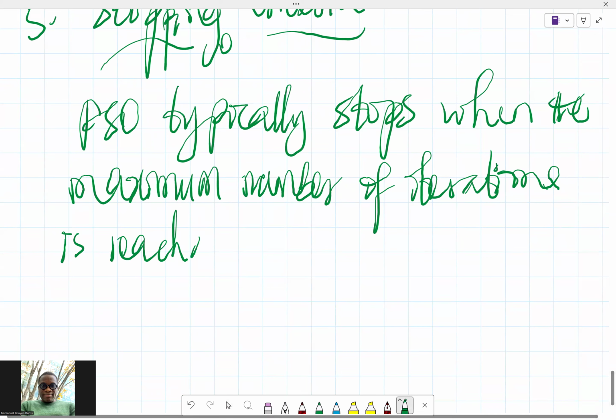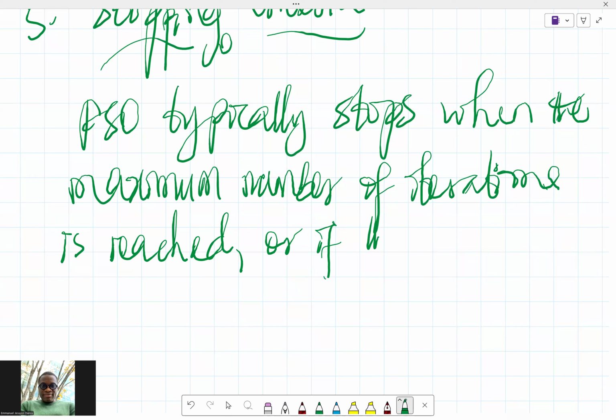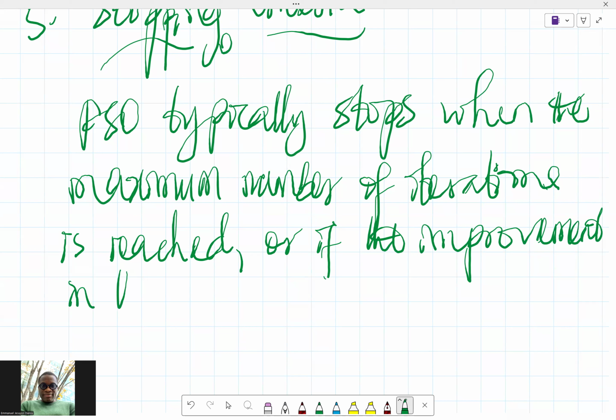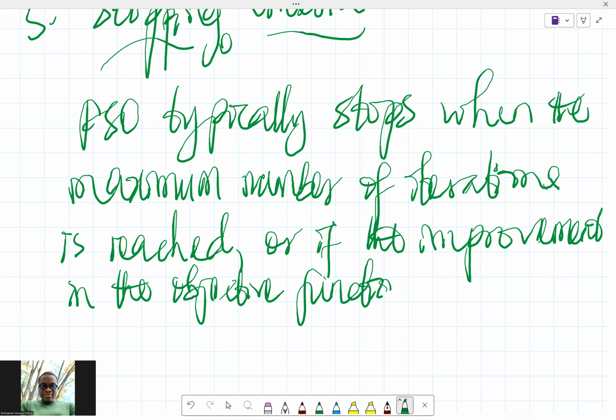If you say we are doing 1,000 iterations, after 1,000 iterations, that stops. Whether it has converged or not, we don't care. So when that is reached, or another criterion: if the improvement in the objective function is below a certain threshold.